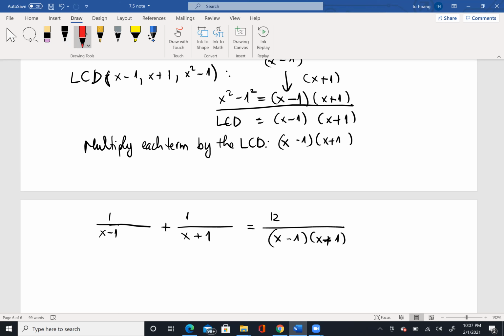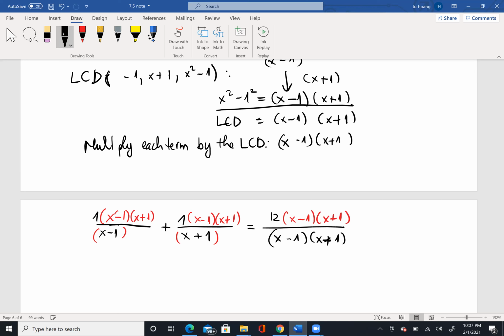So if I multiply both sides by, you know what? I'm going to move this number 1 to be here and here, right? And then I multiply with the LCD, x minus 1, x plus 1, x minus 1, x plus 1, and then x minus 1, x plus 1.